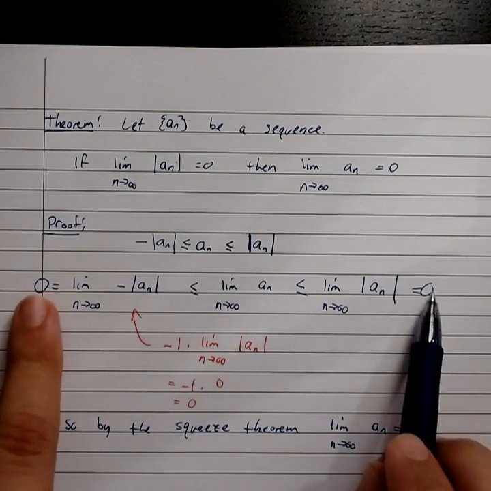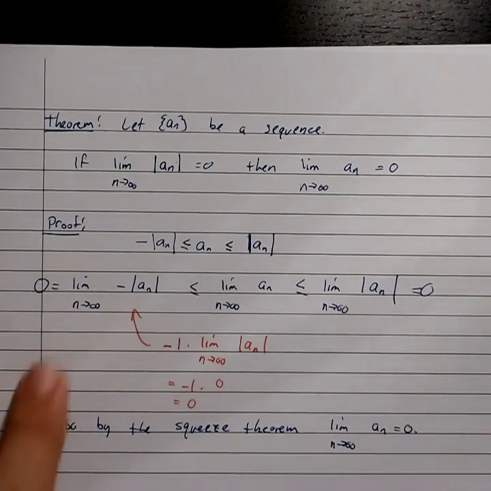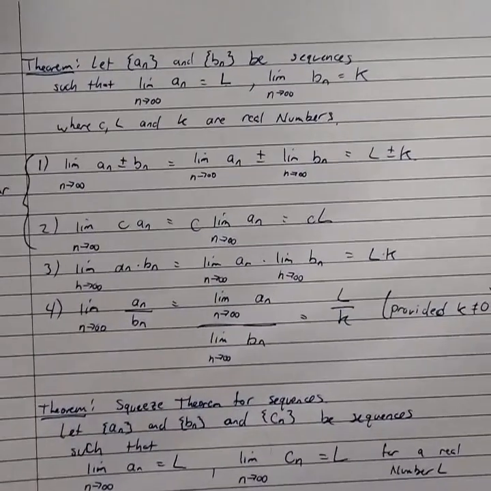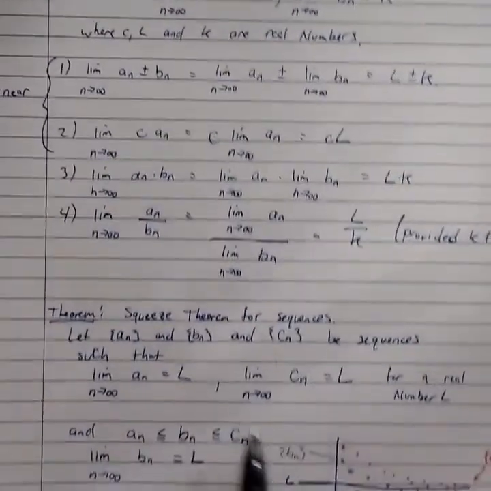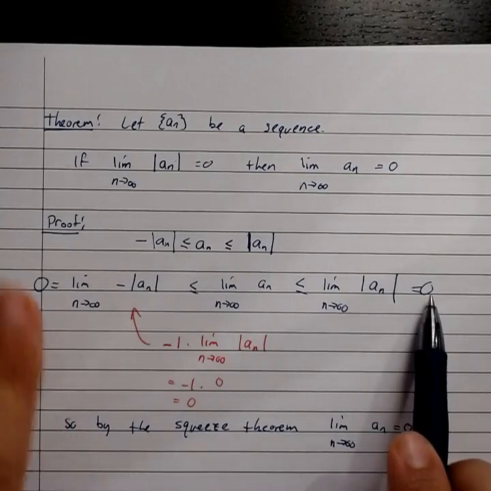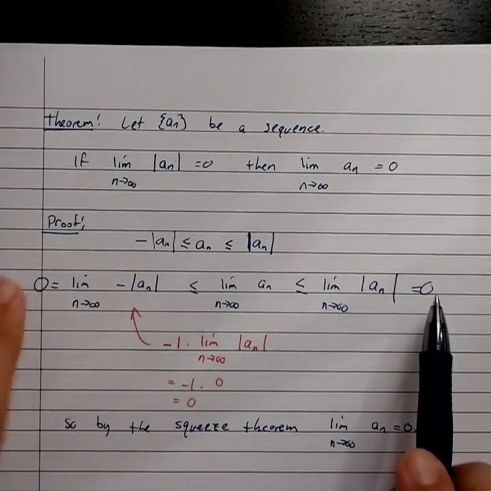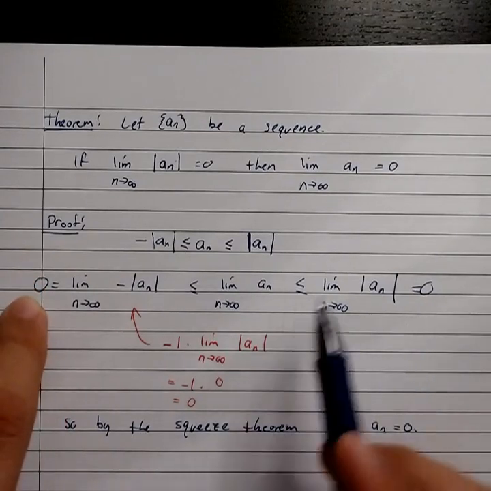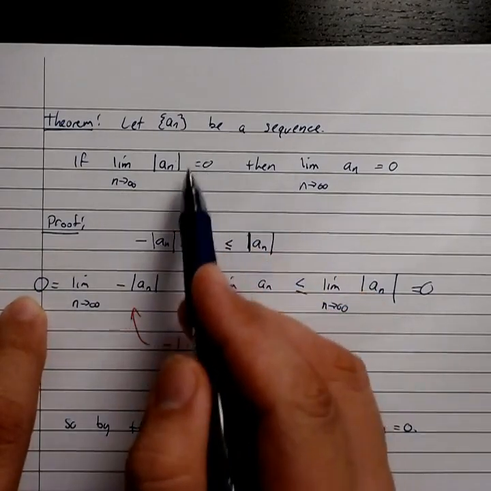And since those limits are not the same, the squeeze theorem would no longer apply. The squeeze theorem requires both of those limits to be exactly the same. If one is a positive 5 and one's a negative 5, or one's a positive 12 and the other's a negative 12, that doesn't apply. So this must actually be 0. No other number will work.